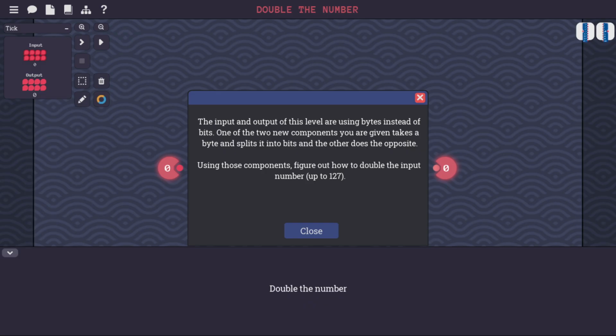I know a byte is 8 bits. But we also have 4 bits. There is a name for 4 bits, which I'm trying to look up.